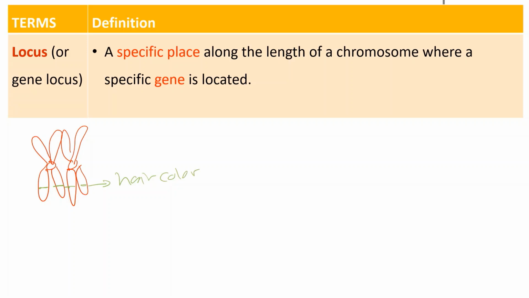And then you have another pair of homologous chromosomes, and here is the location, or the locus, for the gene that codes for skin color. So basically, locus is the location where a specific gene is located.